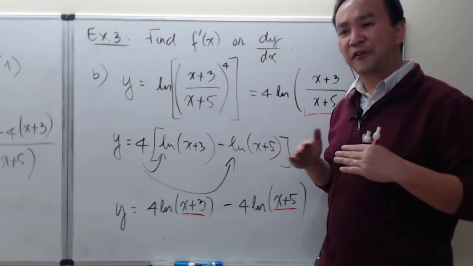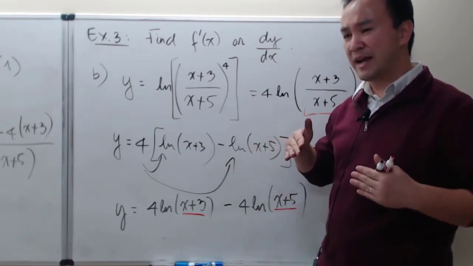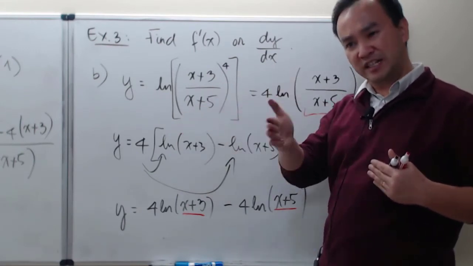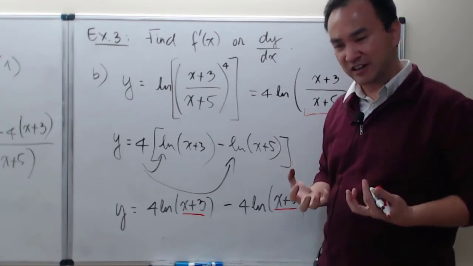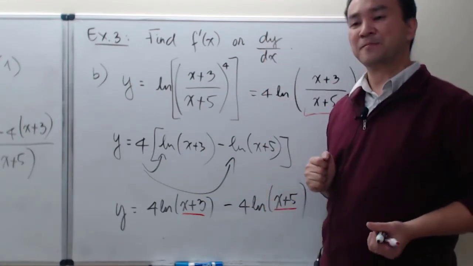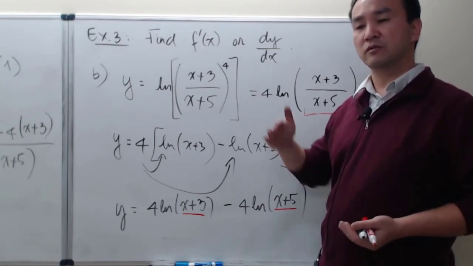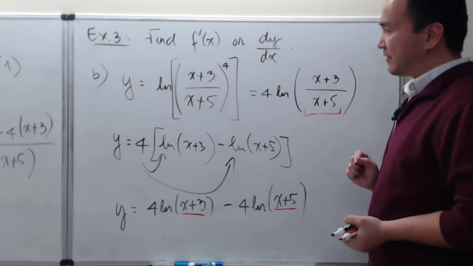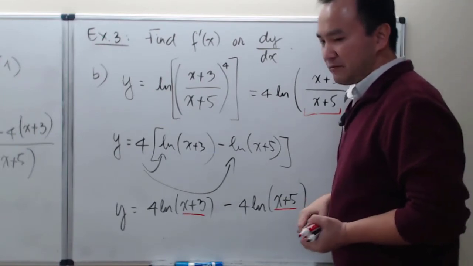No matter how far you go in calculus, or no matter how far you go in math, you will always need algebra as your foundation. It's like if you want to build a big building, you have to have a strong foundation. Otherwise, your building is going to collapse. Okay. So that's how we find the derivative of our problem in part B.